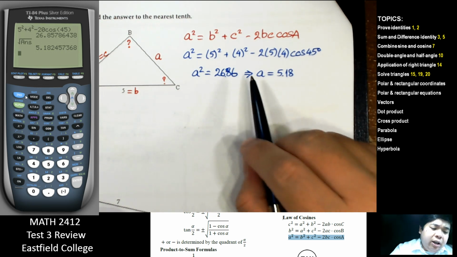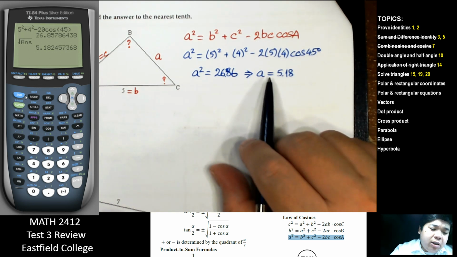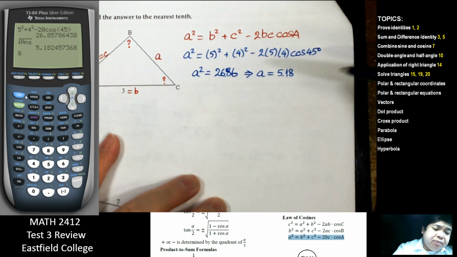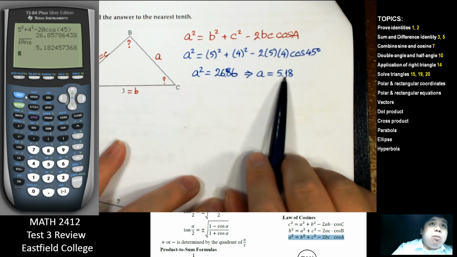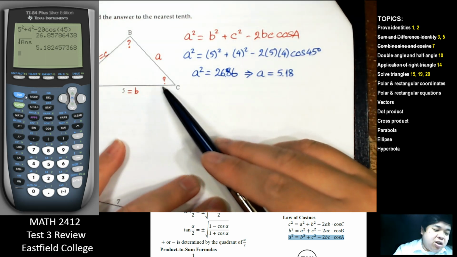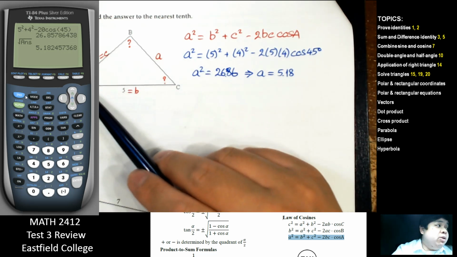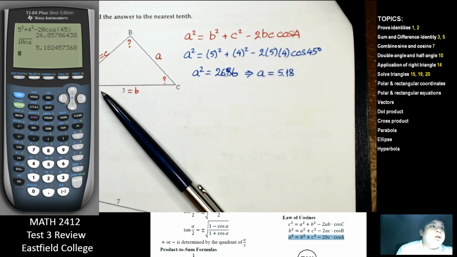Something boring means something is not right. Simply because you see, if A is 5.18, then that is the longest side here, and that's definitely not the biggest angle. 45 degree angle, it cannot be the biggest one. There should be something bigger than 45. So let's check the calculation. Sorry, that was 40.